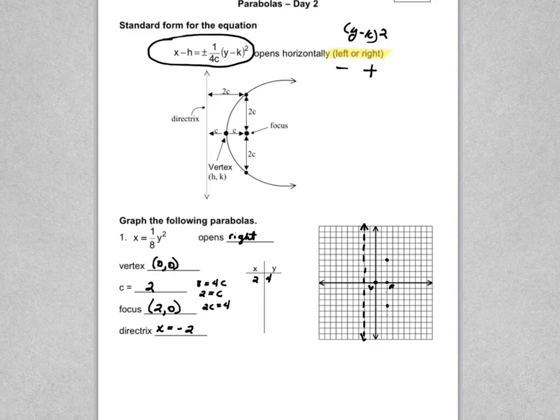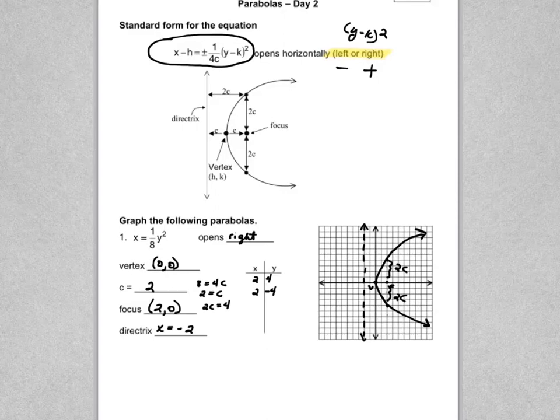So that point is at 2, negative 4. And then we can draw in the parabola using those 3 points as a guide. And remember, this right here is 2c spaces away, and so is this. That's how we determine those points. They're 2c spaces away from the focus.